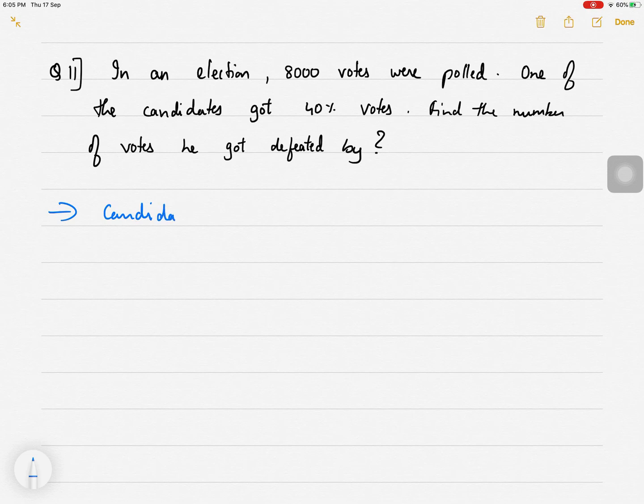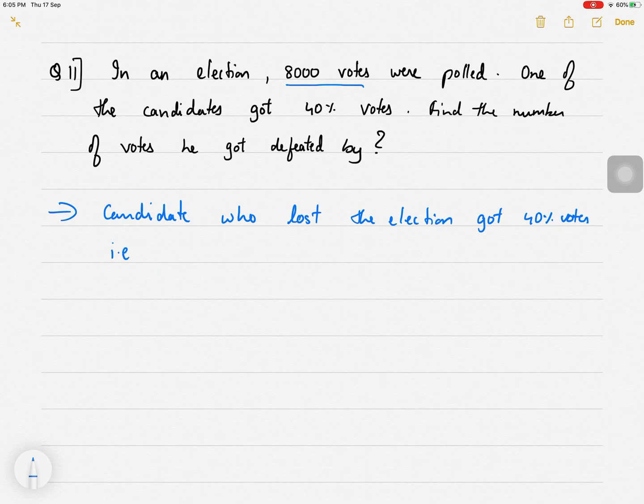Candidate who lost the election got 40% votes. Correct? And there are 8,000 votes total.